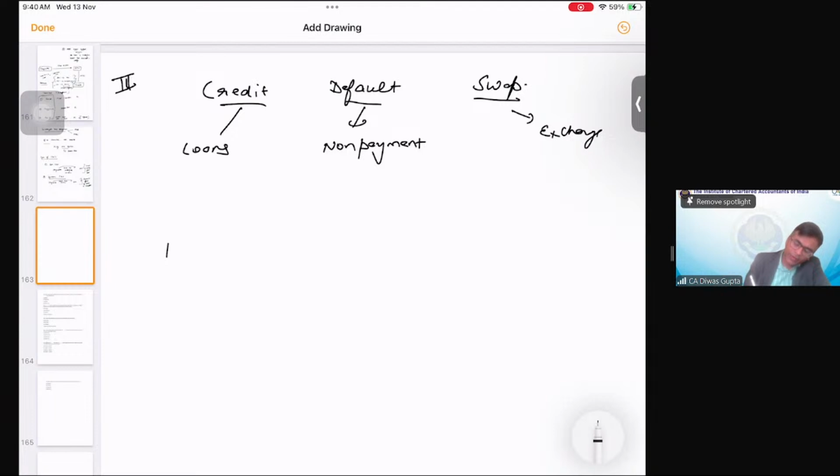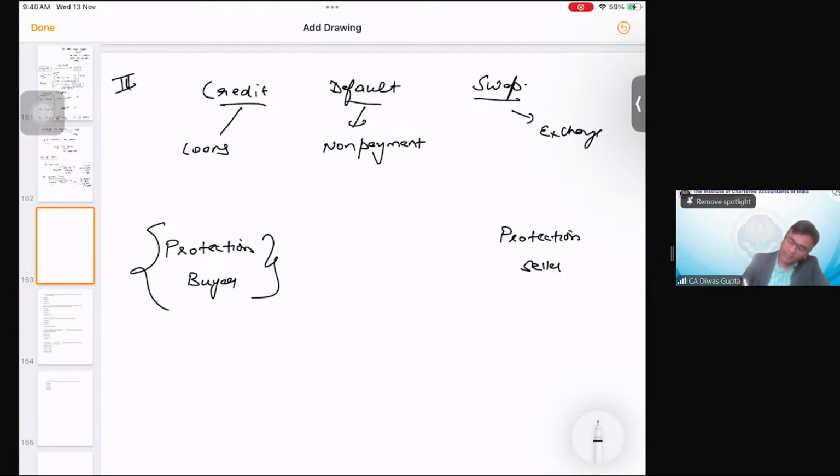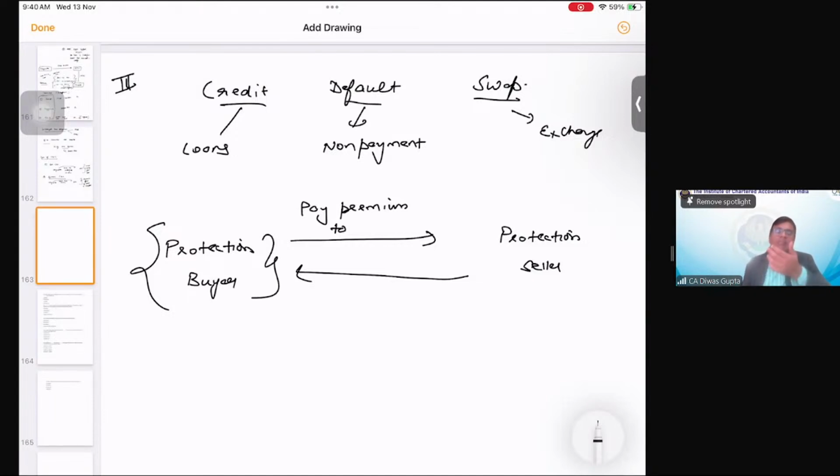Now, what are the parties involved? There is a protection buyer and there is a protection seller. So this protection buyer will pay premium to the protection seller, and the protection seller will commit to the protection buyer that in case of any default on the reference obligation, I will make good the default.